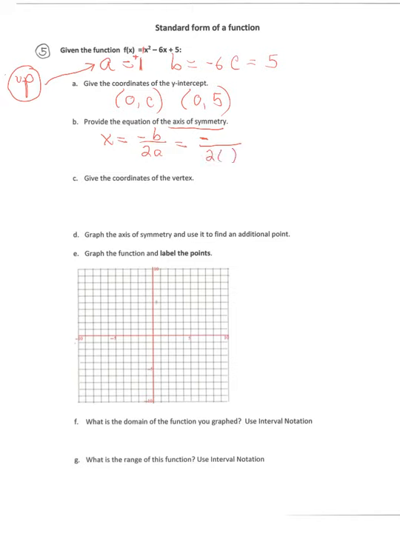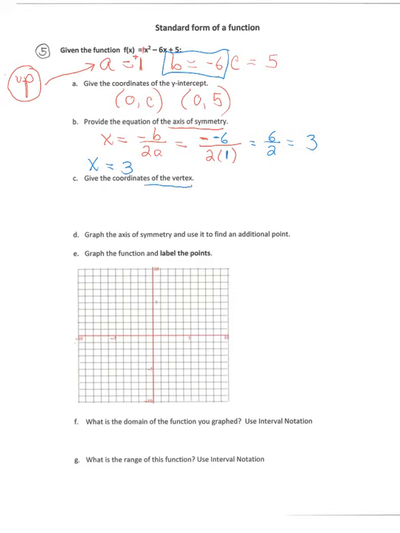I'm going to take the b, which is -6, and put it in there, and the a is 1. So I substituted the b and the a. Now we watch our numbers and our signs. That's a +2. 6 over 2 is +3. So the axis of symmetry is the equation x equals 3.